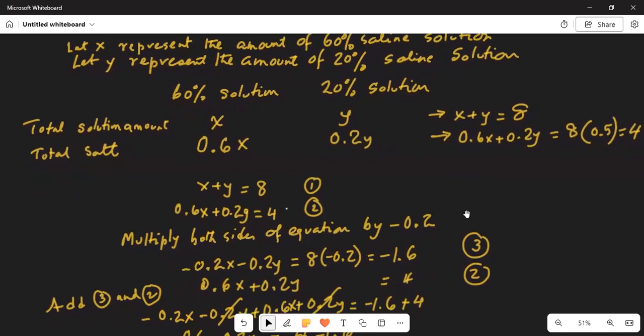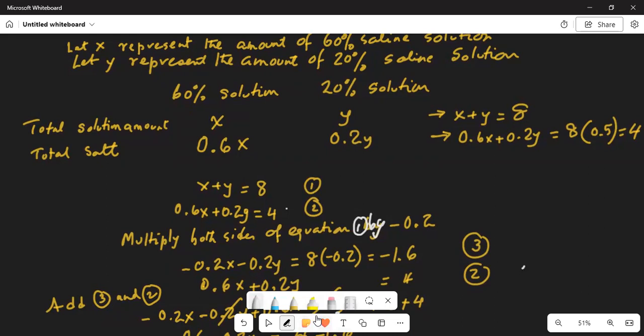Since the coefficient of Y in equation 1 is just 1, we will multiply both sides of equation 1 by minus 0.2. Then it becomes minus 0.2X minus 0.2Y is equal to 8 times minus 0.2, which is minus 1.6.